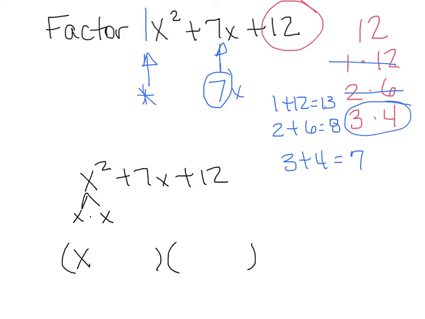Now since everything is positive, and that's something else important to note, the signs inside both binomials are going to be positive, and I'm going to take one of each of those numbers that we can multiply together and get 12, and add together and get 7. I'm going to write those into our binomial groupings.